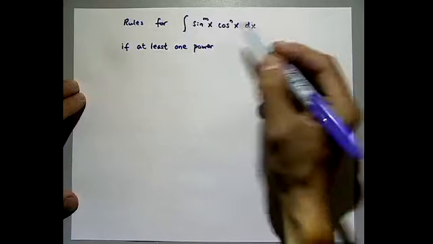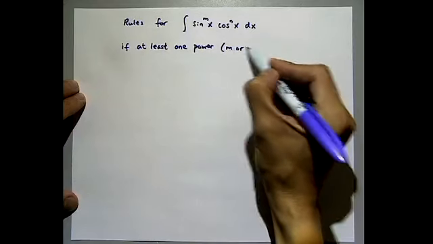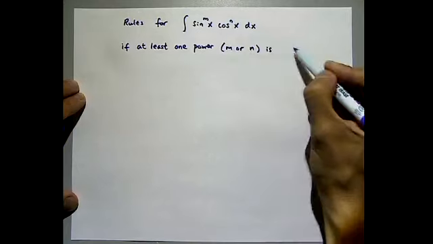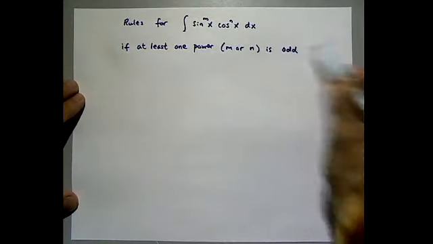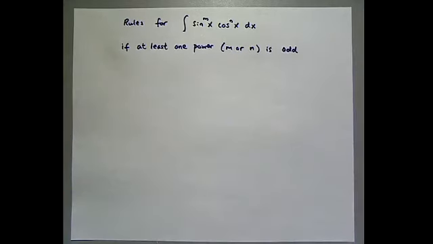If at least one power, m or n, is odd, like what we got in the last example here. Last example, we have sine getting an odd power, cosine getting an even power. We want to let u be the guy with the even power.